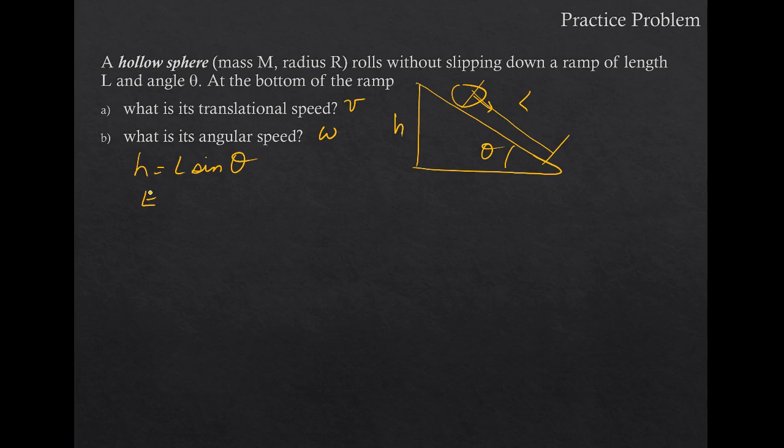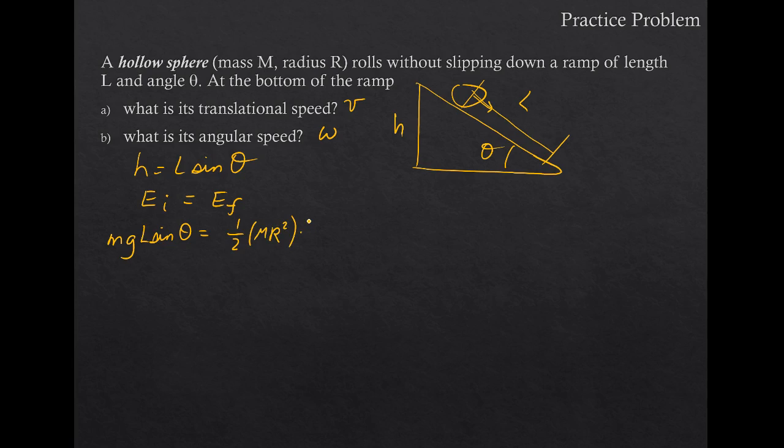So using energy, E initial is equal to E final. And what we'll have is that mgh, which is mgL sine theta, is going to be equal to the rotational kinetic energy. And because it's a hollow sphere, all of the mass will be on the outside, so it's just going to be mr squared.